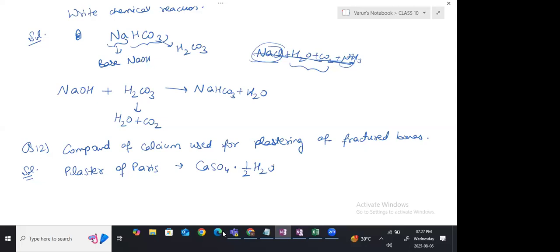I'm just giving you an example. Suppose I make the cation common, you can make any cation common. Either you can make lithium, beryllium, sodium or potassium as the common cation, and in the same way you can make the anions common. These two were examples to explain how to decide the family of salt.